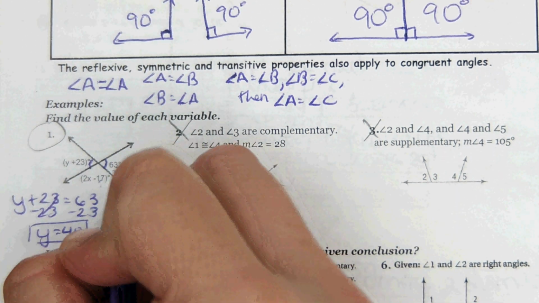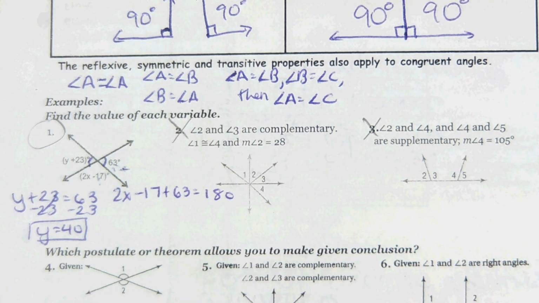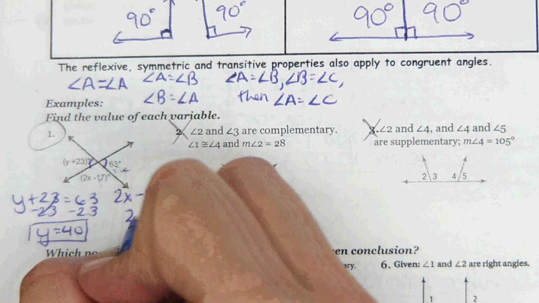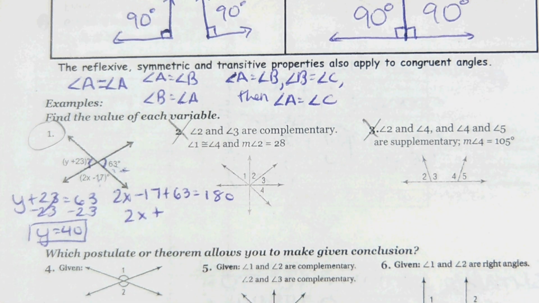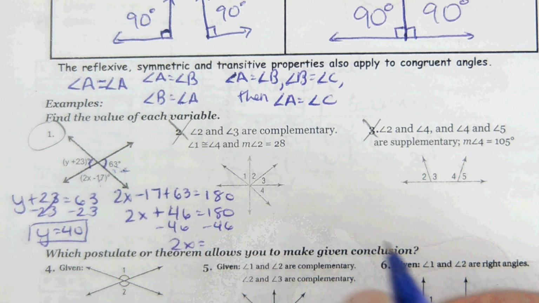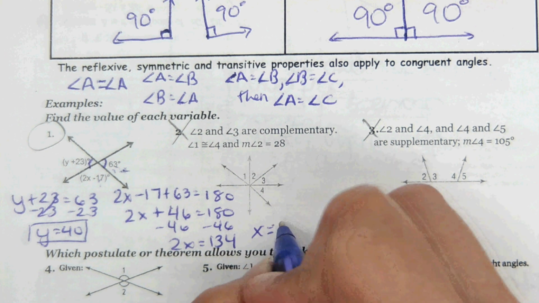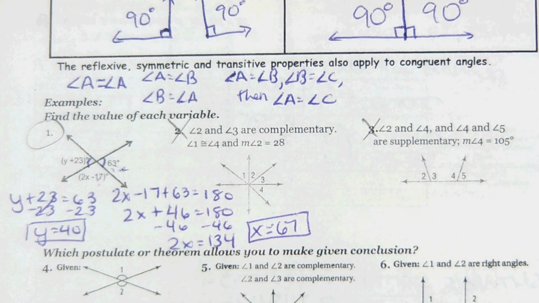So this plus this will equal 180, and that's how I'm going to set it up. 2x minus 17 plus 63 equals 180. And then I'll solve for x. y is 46, and x equals 67.